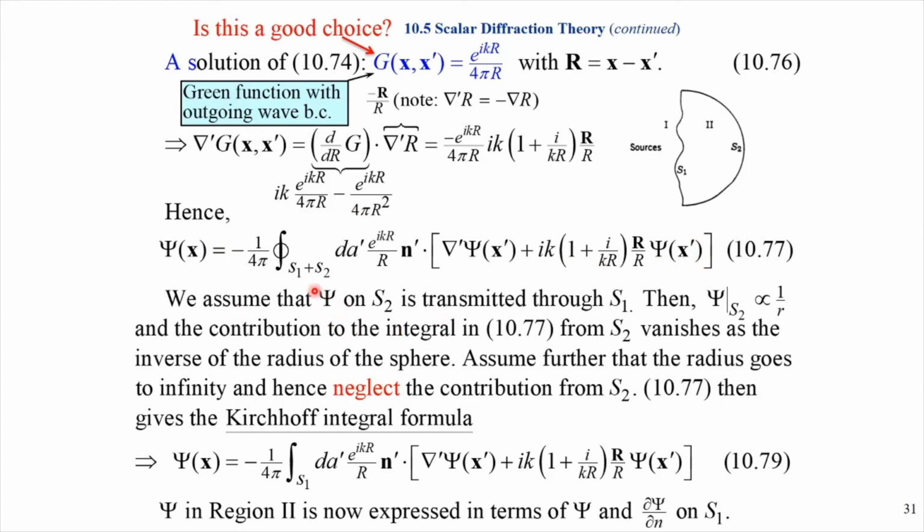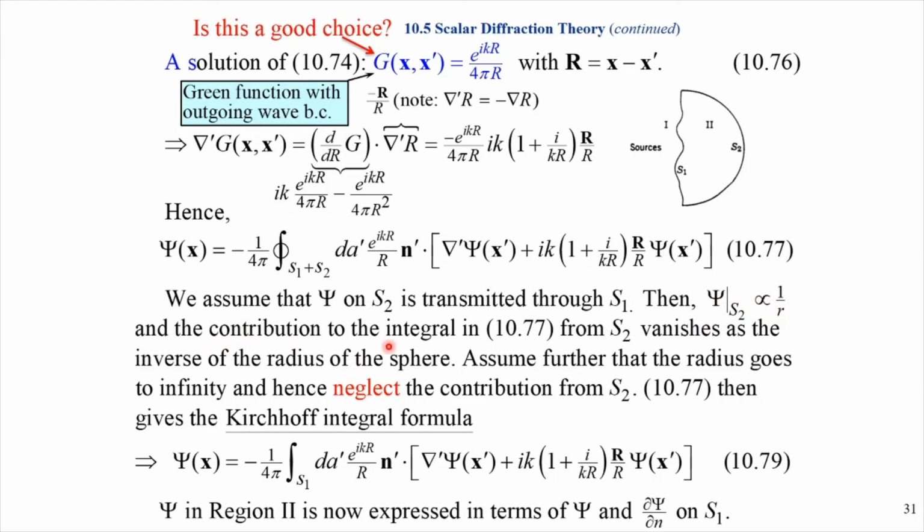What's next? We assume that phi on S2 is transmitted through S1. So the radiation, the E field and B field on S2 is totally transmitted from the aperture from S1. Therefore, phi(x2) will be inversely proportional to R because of the radiation fields.